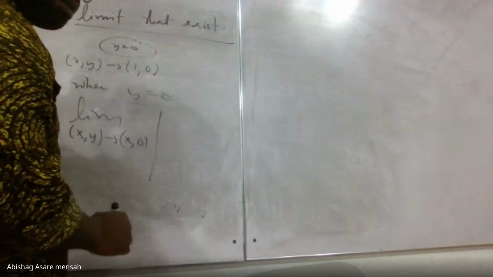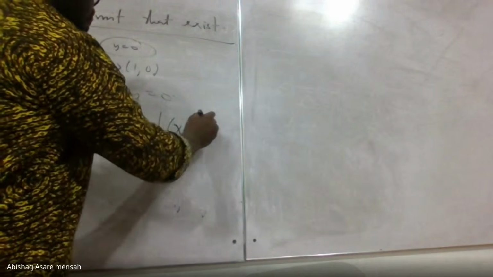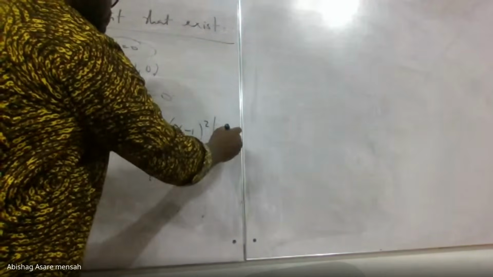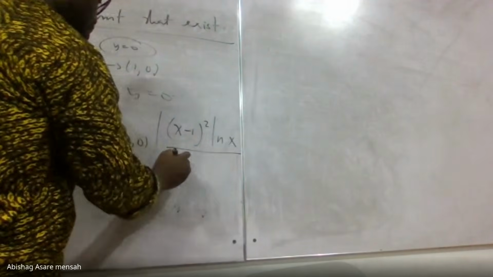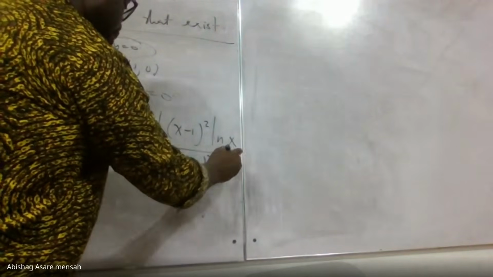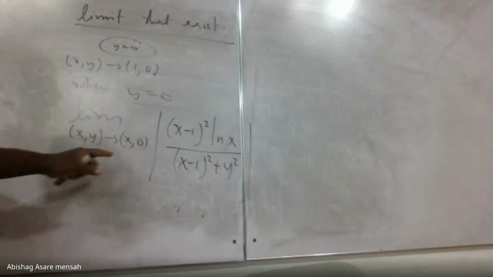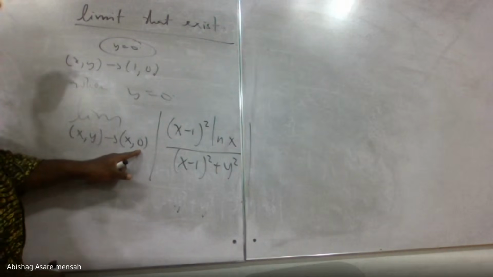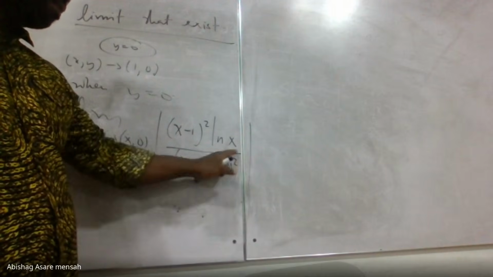The function was (x minus 1) all squared over (x minus 1) all squared plus y squared. When you set this one to 0, this part will be 0.